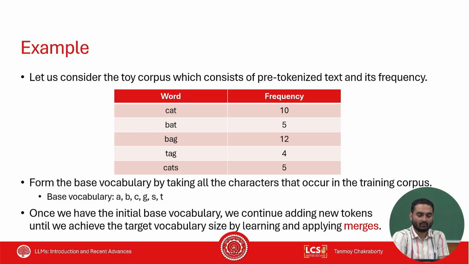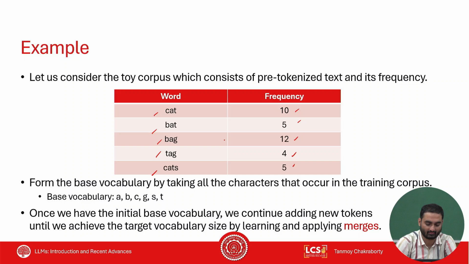Let us take an example. Let's say these are 5 words: cat, bat, bag, tag, and cats. These words are present in the training set, and their frequencies are as follows: 10, 5, 12, 4, and 5. So the word cat appears 10 times, the word bat appears 5 times, and so on.